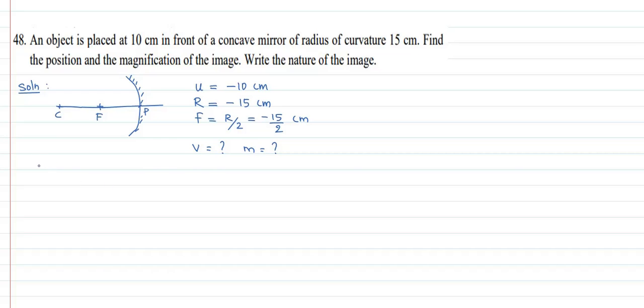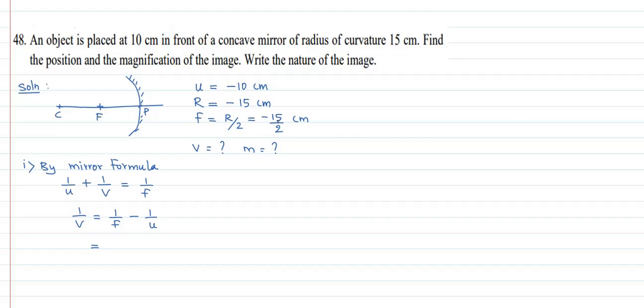First, by the mirror formula, you calculate V. 1 by U plus 1 by V is equal to 1 by F. So 1 by V is equal to 1 by F minus 1 by U. Substitute.